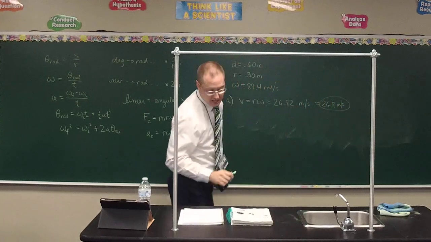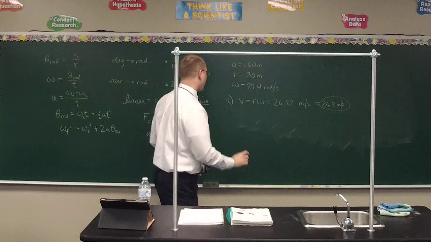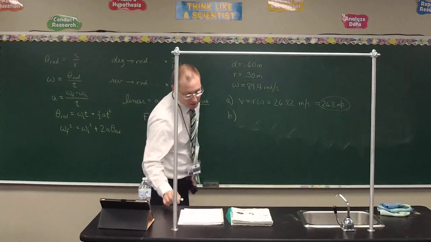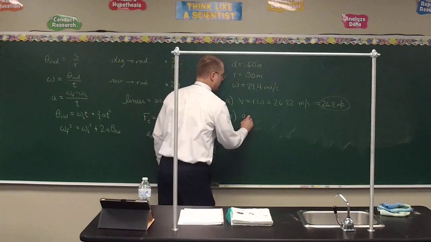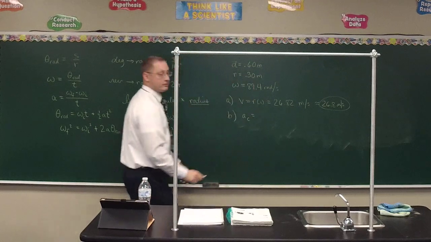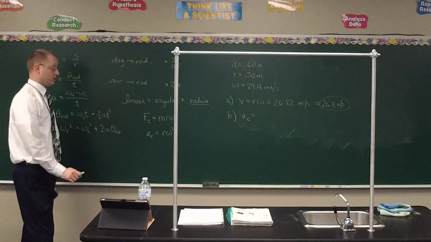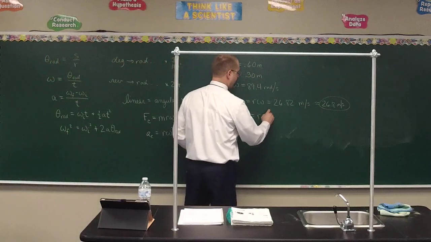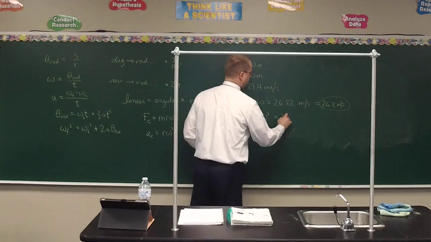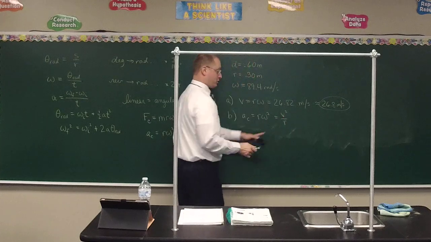All right, part B, because it keeps going. The centripetal acceleration on a point on the rim of the tire? Well, how do I find centripetal acceleration? Anyone? R omega squared. Either R omega squared or V squared over R. This was the old definition.